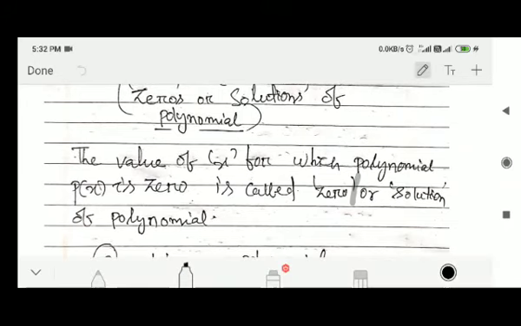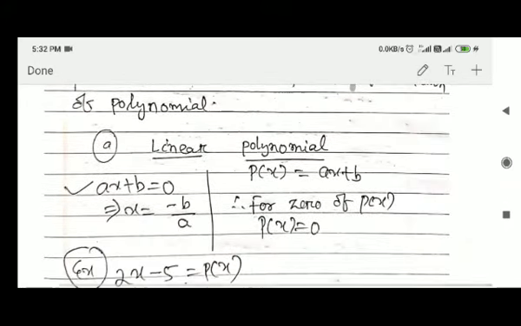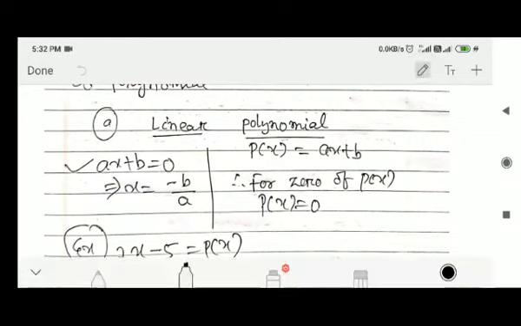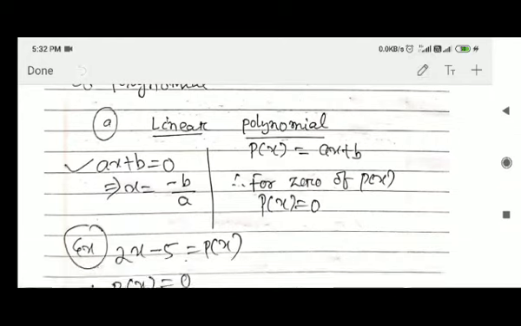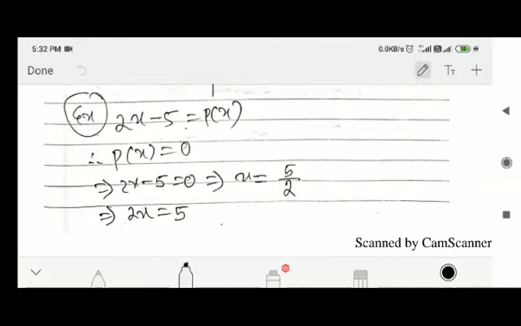Now we will understand this easily by giving some examples. I am taking one linear polynomial, where p(x) is given as 2x minus 5. Here, what value should I put at the place of x for which p(x) will be 0?